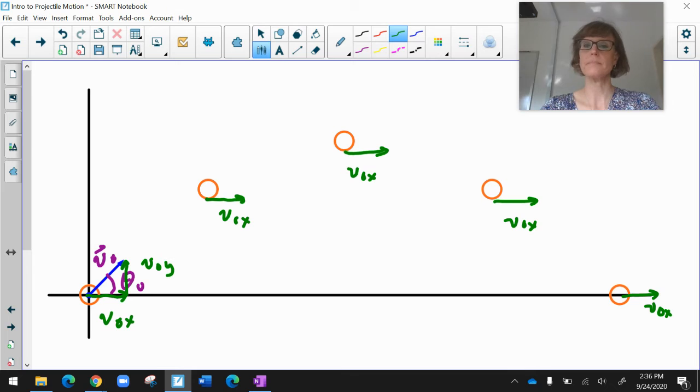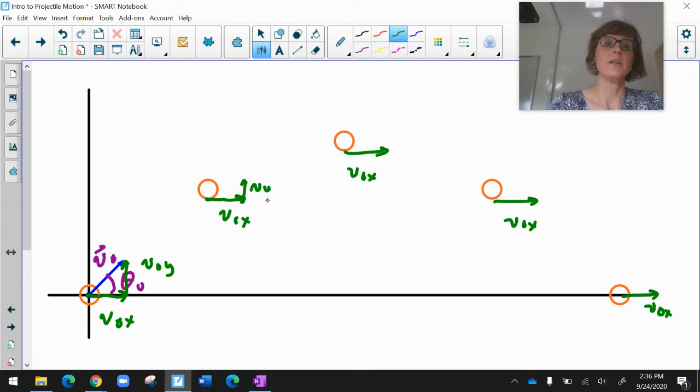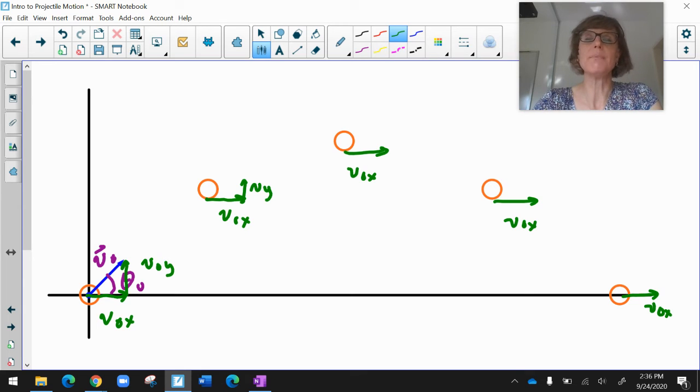Okay? The vertical velocity, on the other hand, is going to change. It's the same as if I threw an object up in the air and it came back down. So on the trip up, that velocity is going to be smaller. So notice that I'm labeling it Vy, not V0y. I can label all of the horizontal velocities V0x because they stay the same.